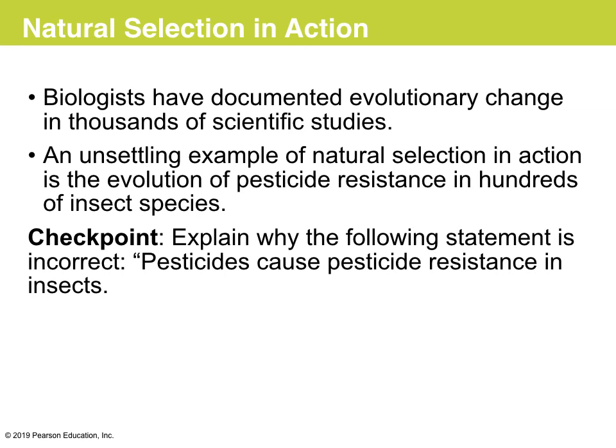It doesn't cause resistance. It's like a filter, right? You have all these organisms and you put in the filter of being able to survive a pesticide. And if there's variation in that population, enough are different enough that they survive, right? So the filter only lets through those individuals that are resistant to the pesticide.